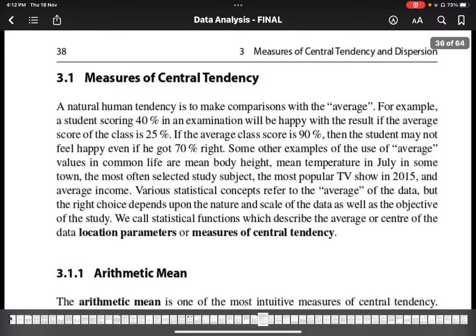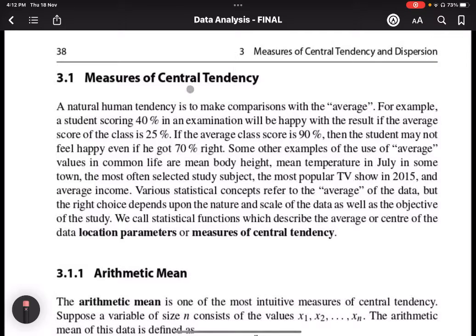So let's go now with measures of central tendency. A natural human tendency is to make comparisons with the average. For example, the student scoring 40% in an examination will be happy with the result if the average score of the class is 25%. If the average class score is 90%, then the student may not feel happy even if he got 90% right.